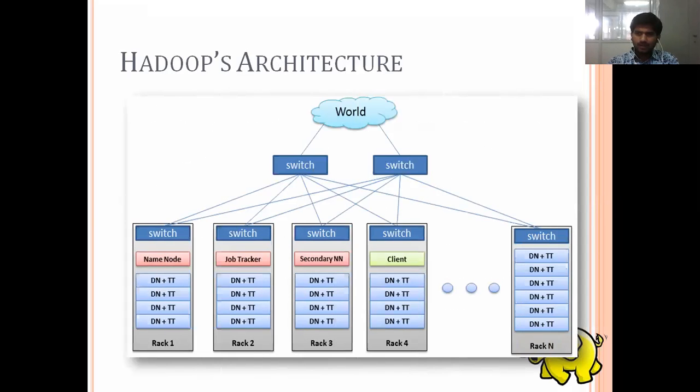Have you observed this diagram? This diagram was explained previously also, but in a different manner. By seeing these lines at the bottom, rack 1, rack 2, rack 3, rack 4, rack 10, we saw rack 1 and rack 4, where we created replications.